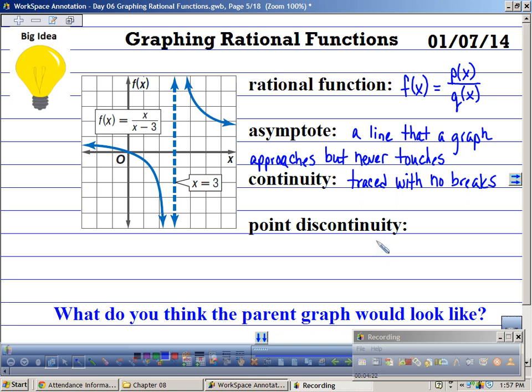That was point discontinuity. So it is a point that breaks continuity, that breaks the line up. Hence, point discontinuity.